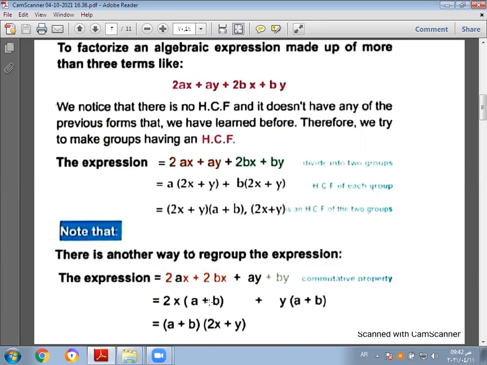We take the first with third, 2ax plus ay together, and 2bx with by. We find in the first term and the third term a is a common term, a and a, okay?